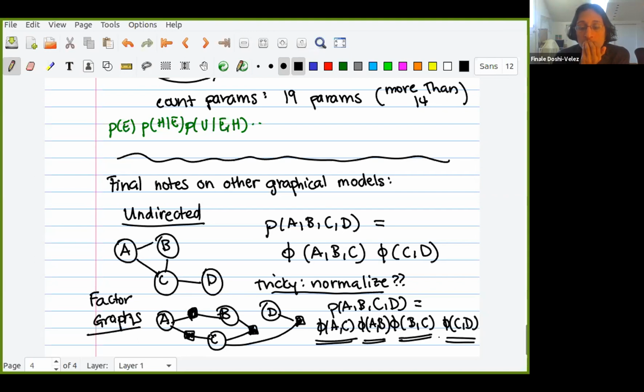So it's being more explicit about how variables relate to each other, because in the undirected case there was just this triangle, and so we had to have this full factor over here. In the factor graph case, we say that there's a difference between something that looks like a triangle. Let me draw the other version in red. There's a difference between this red picture and this black picture over here.